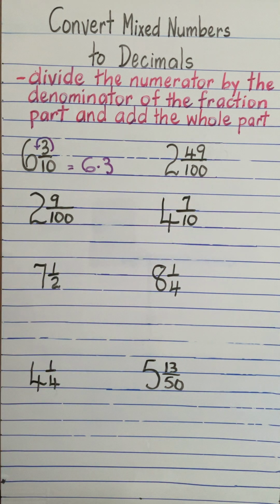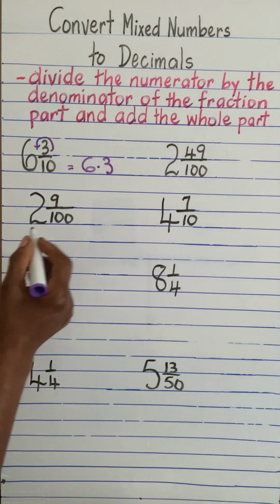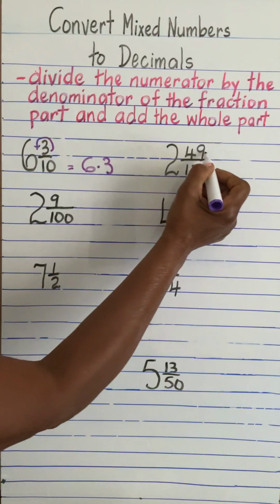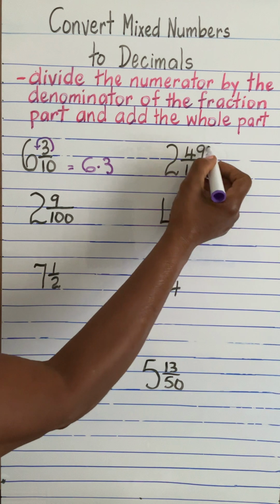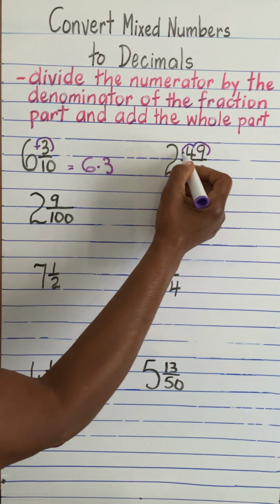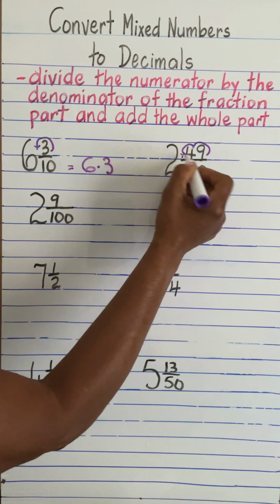So we're dividing 49 over 100. We're going to use the quick method. Move the point 2 places to the left. So the point is right here. 1, 2, and now it comes in front of the 4.